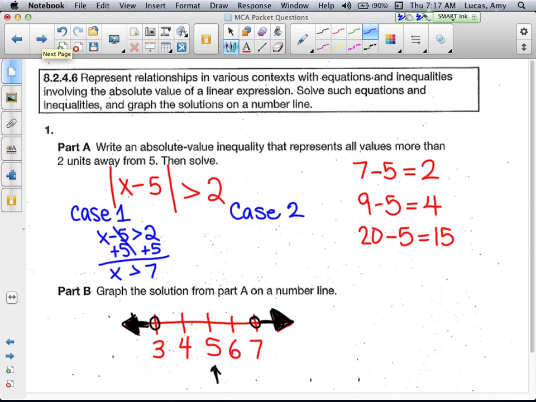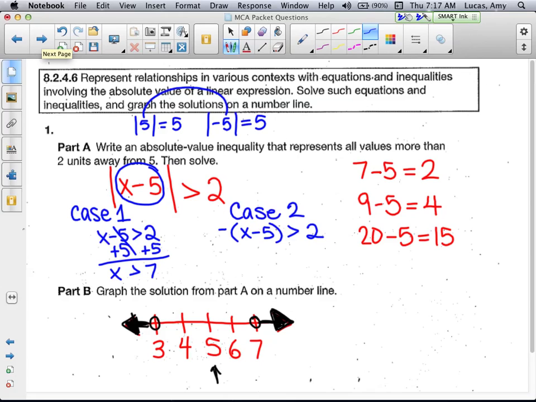Case 2 is where that x minus 5, we need to talk about the opposite of that. Because remember that the absolute value of 5 equals 5, and the absolute value of negative 5 is also equal to 5. So we said that these two numbers inside the absolute value bars are opposites. So the opposite of this might be greater than 2 instead.